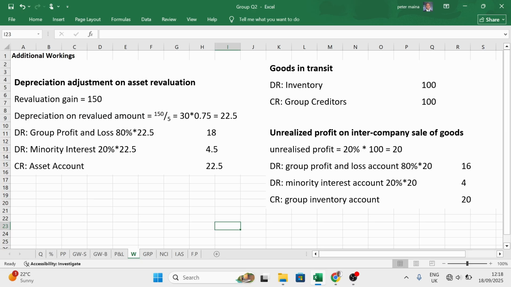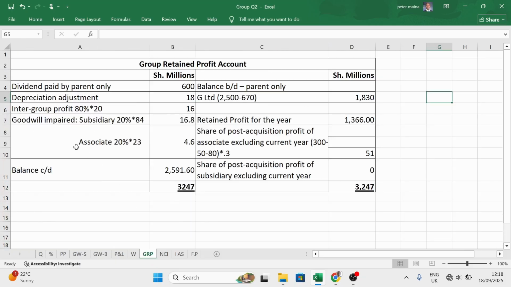We got 22.5. Then the share of the parent was 80% of 22.5, which was 18. We said we were going to debit group profit and loss. That is what we are doing here. We have debited the group retained profit account with the depreciation adjustment 18.